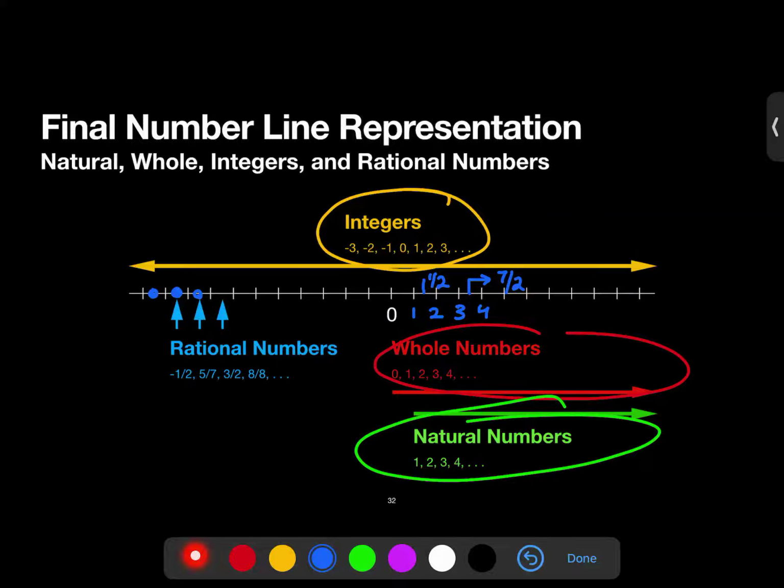So any numbers that we see in between are rational numbers. However, integers only fall on the lines, whole numbers only fall on the lines, and natural numbers fall on the lines only. Anything in between will be a rational number. So everyone is understanding the number line representation.